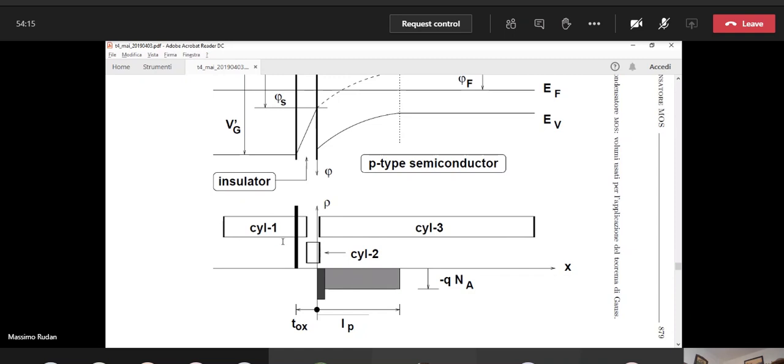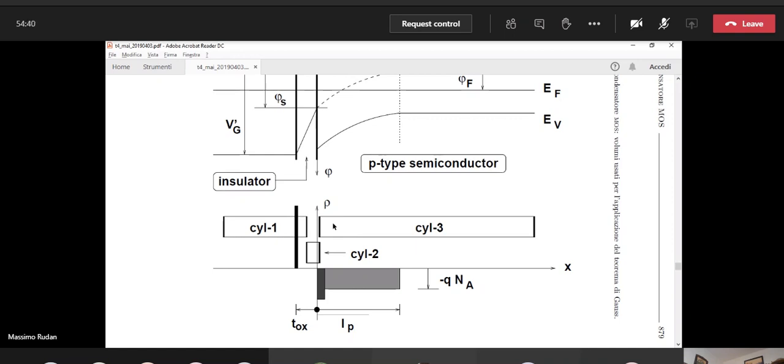So only the left face of cylinder number 3 would contribute to the Gauss theorem, but cylinder 3 is big enough to contain all charges that are present in the semiconductor, okay?